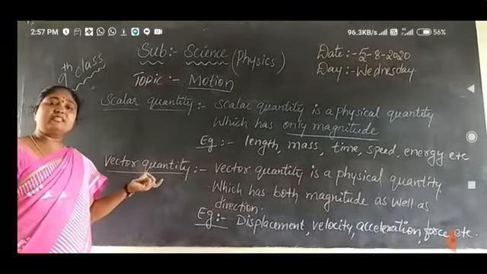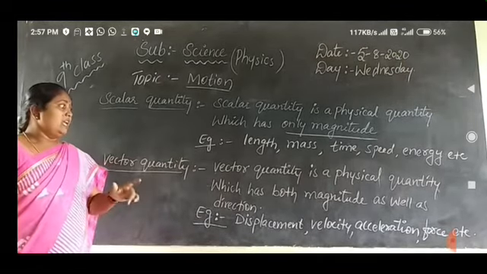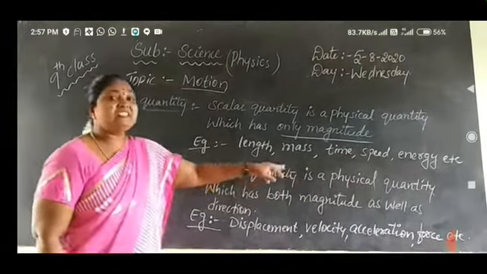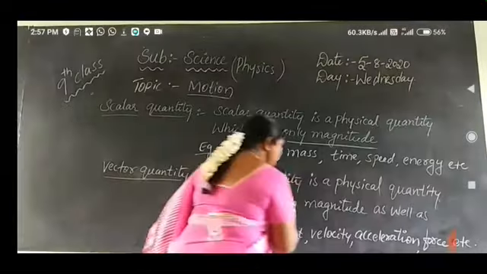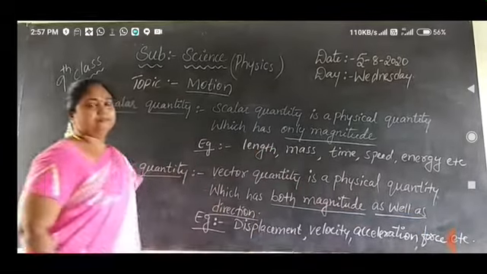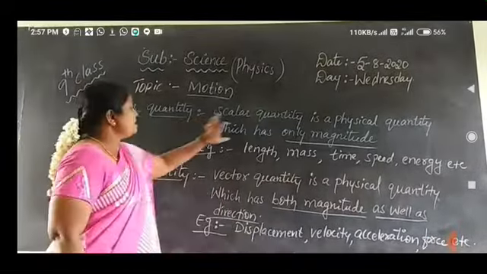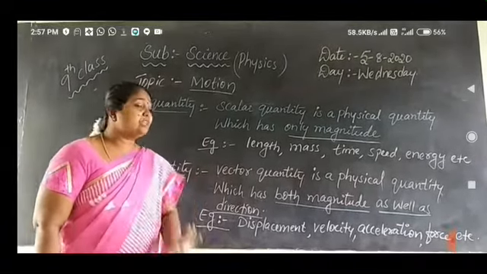Next, another quantity we have is the vector quantity. A vector quantity is a physical quantity which has both magnitude as well as direction. In a scalar quantity, only magnitude is present.